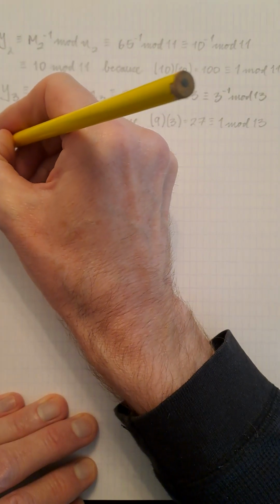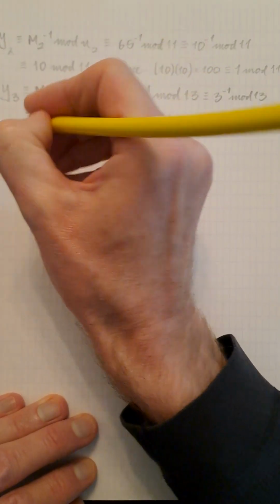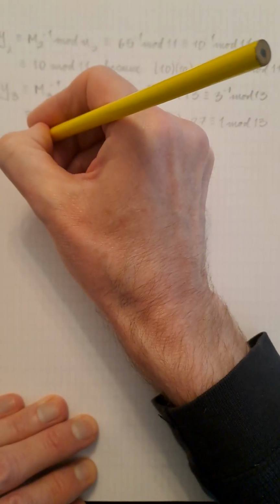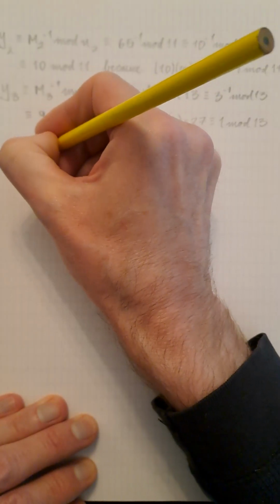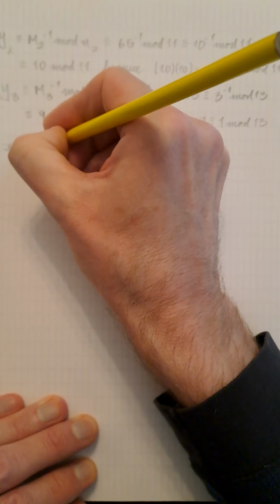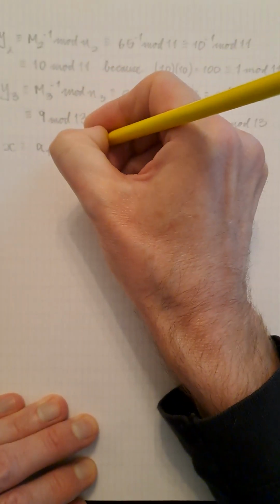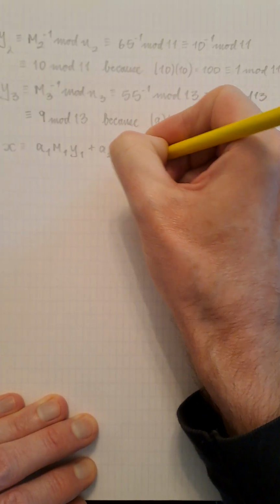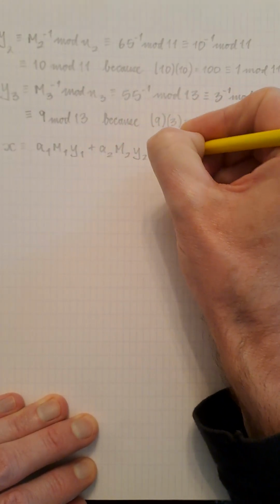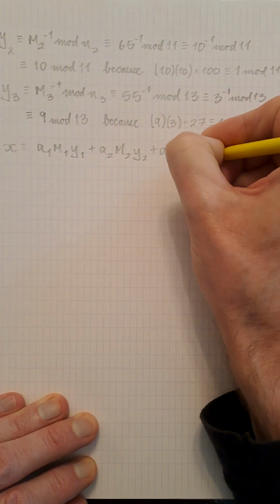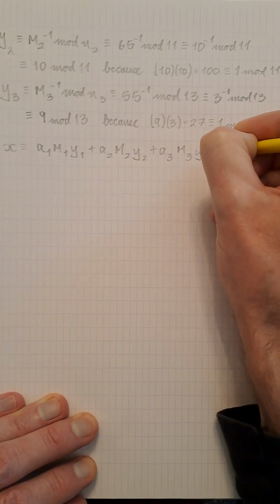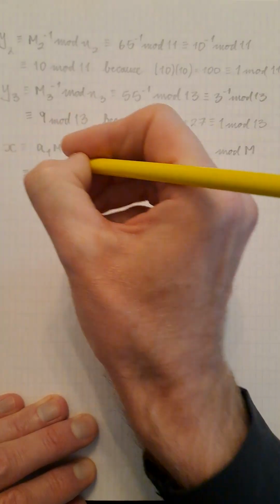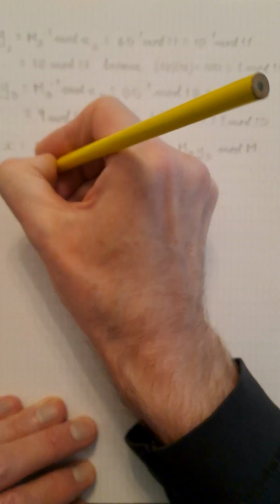So x is congruent to a1 m1 y1 plus a2 m2 y2 plus a3 m3 y3 mod capital M. So for us, all of the a's are the same. They're all 4.